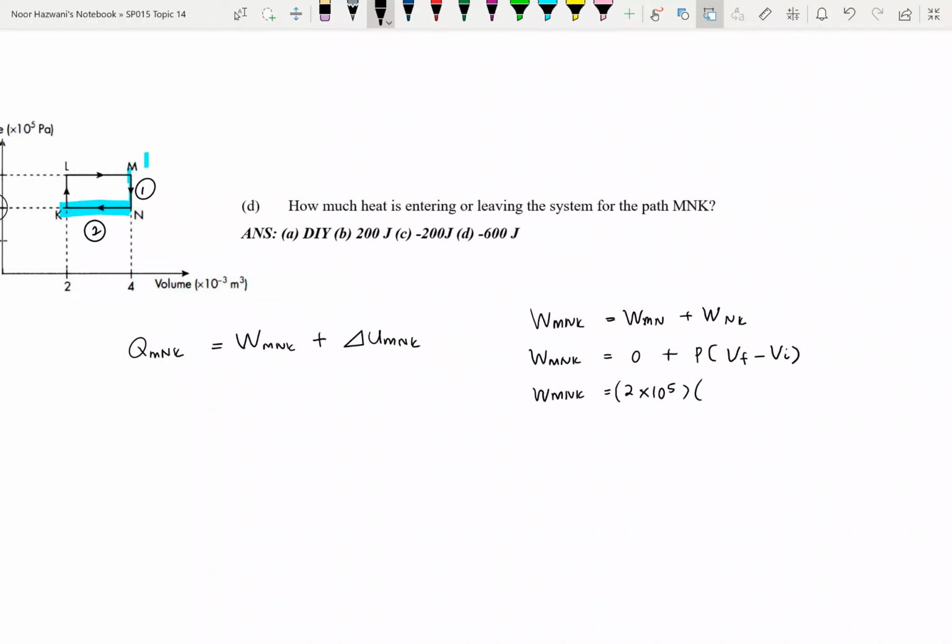And then our volume final is 2. Okay, and then our volume initial is 4. But don't forget times 10 power of negative 3. So, here 2 times 10 power of negative 3 minus 4 times 10 power of negative 3.